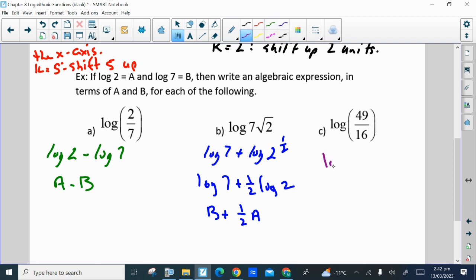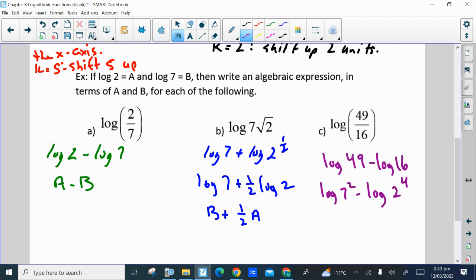Now for question C, if we use the quotient law, this would be the log of 49 minus the log of 16. But we need to write them in terms of log 2 and log 7. So log 49 would be the log of 7 squared, and the log of 16 would be the log of 2 to the 4th.